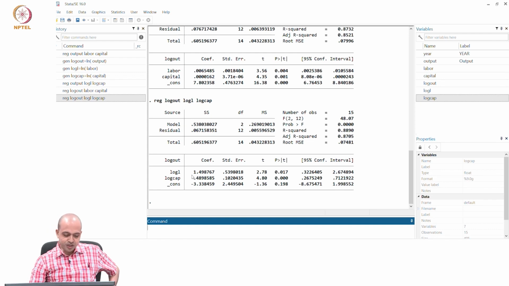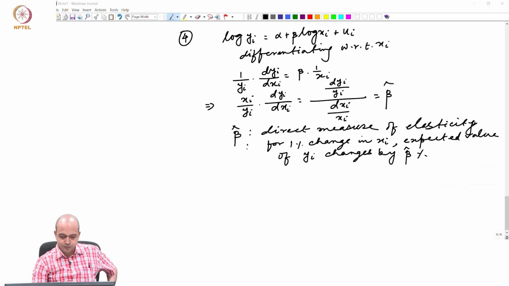So, in this case you have to say that for a 1% change in labor, output changes by 1.49 percentage. And the other is 0.48.